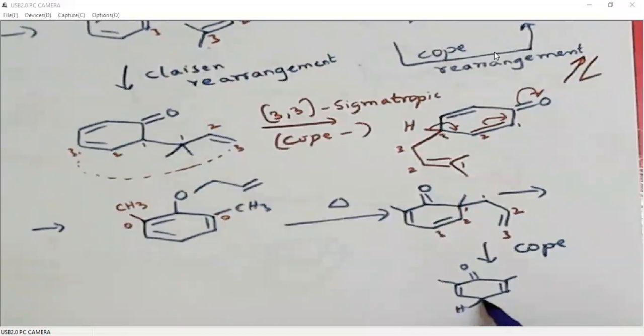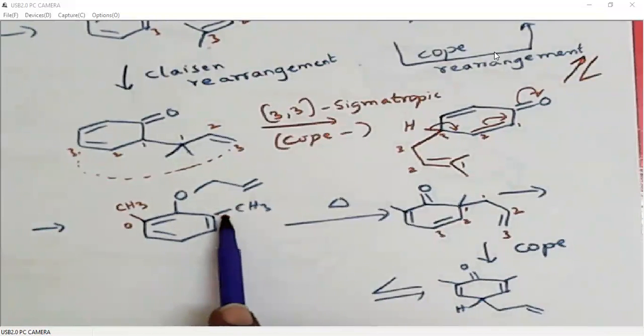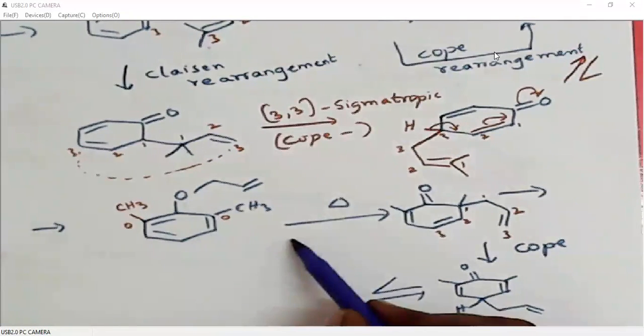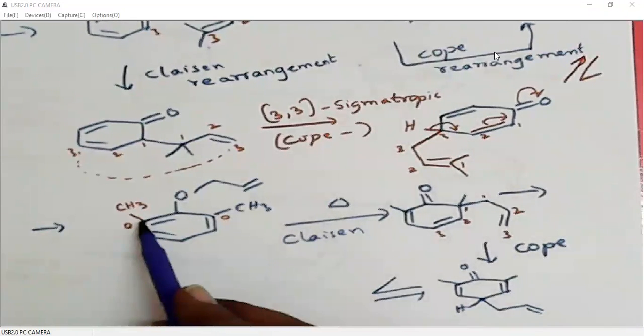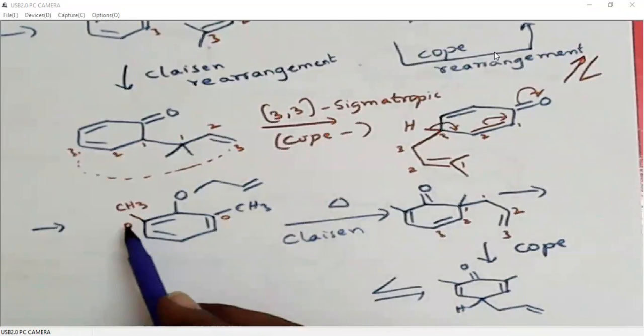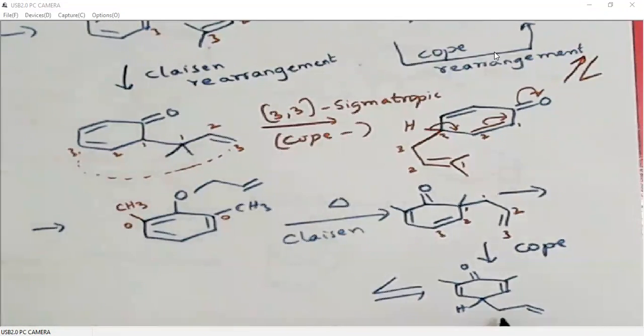We have hydrogen here and this is the allyl. So this will undergo tautomerization to give the final para product. So please understand that if one ortho position is occupied, then Claisen rearrangement will take place to the other ortho position. As I said, ortho product is the major product, but not the para product. Para product is always a minor.